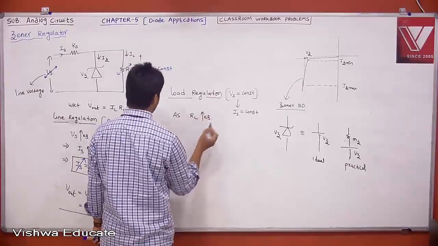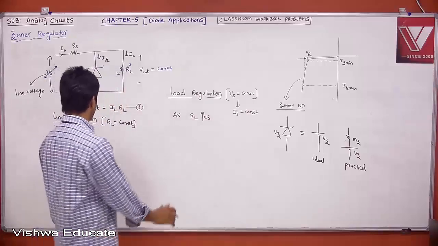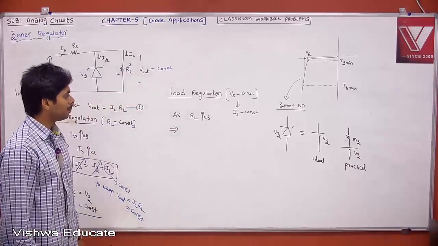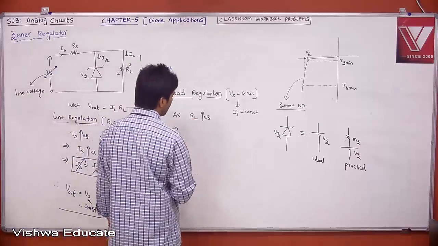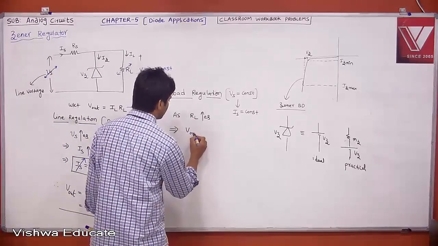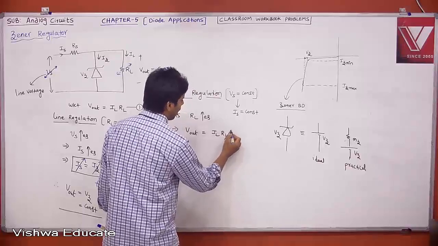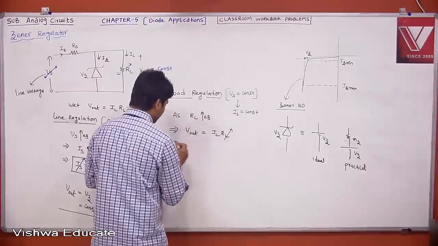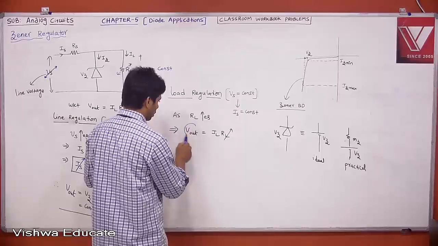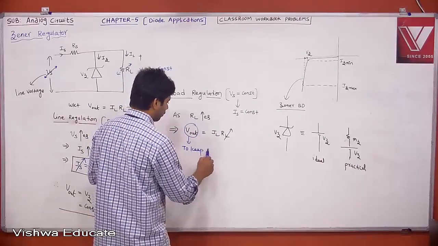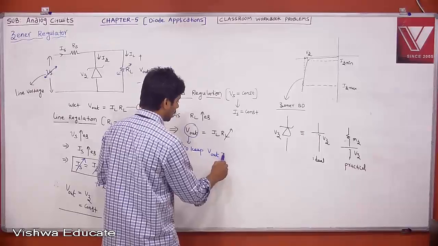As RL is increasing, what about your Vout? Your Vout is equal to IL into RL. If RL is increasing, but we want to keep Vout constant using the Zener diode, right?